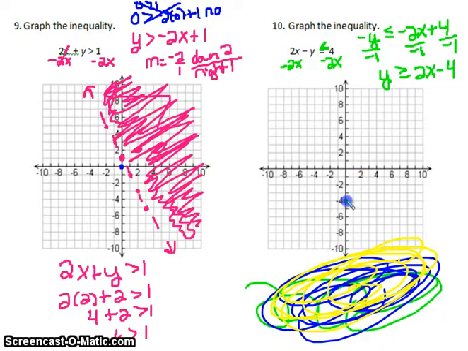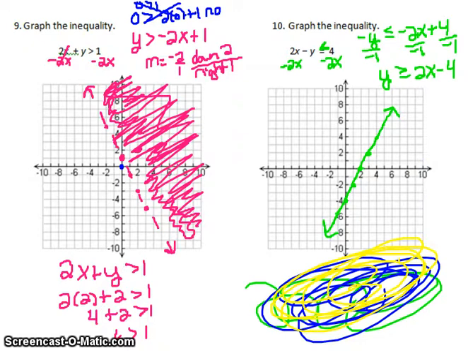So I start at negative 4, and I go up 2 to the right 1, up 2 to the right 1, up 2 to the right 1, up 2 to the right 1. It is a solid line.